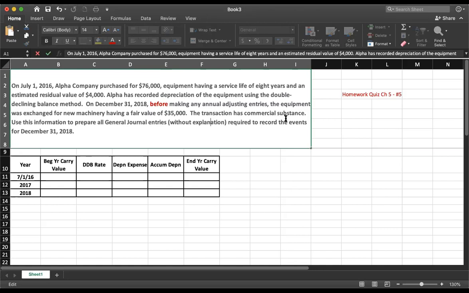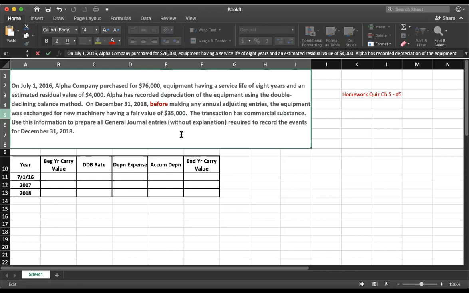So the way that we're going to do the accounting is as if we disposed of the old equipment and we acquired the new equipment. I'll show you the steps for that. What we want to do is prepare all the journal entries, without explanation, to record the events for December 31.